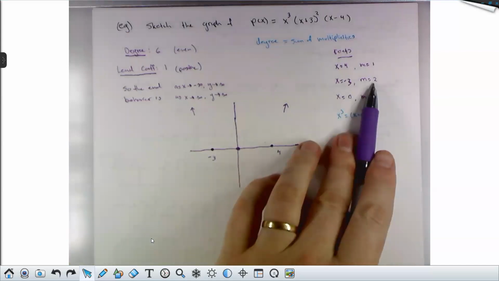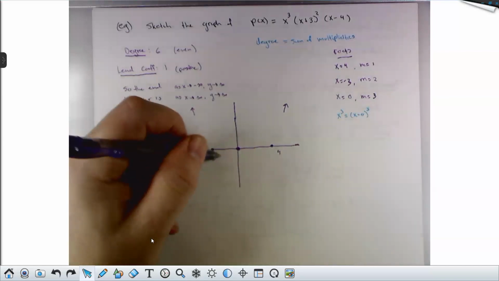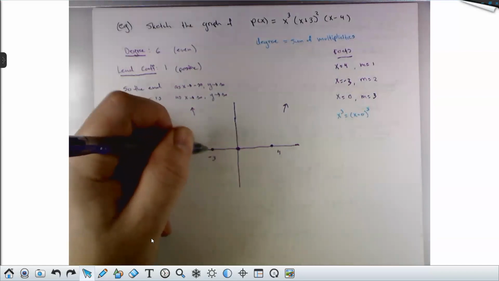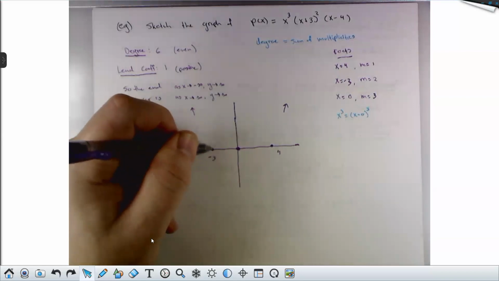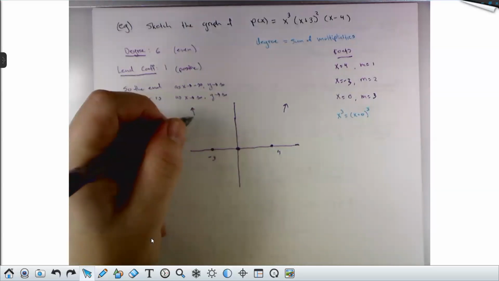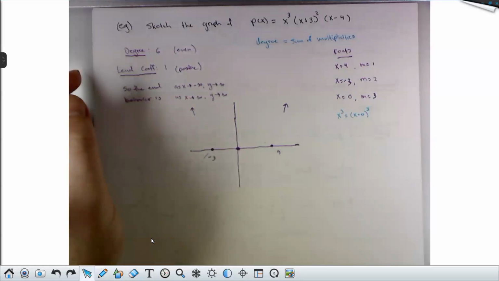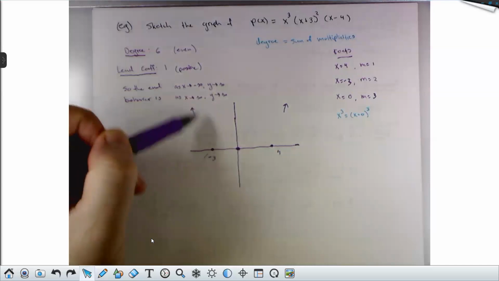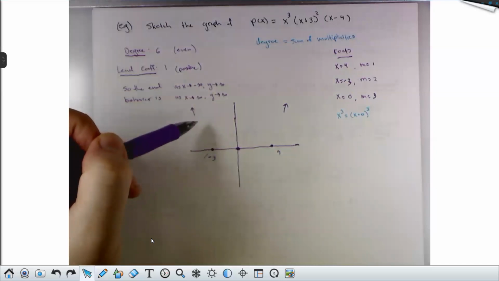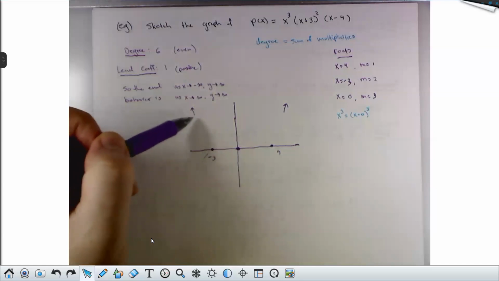Because the multiplicity of that root at -3 is 2. Now it's possible to bounce bottom to bottom or top to top. What's going to happen here? Are we bouncing top to top or bottom to bottom? The key is this: I know I have to come in from above because of my end behavior.